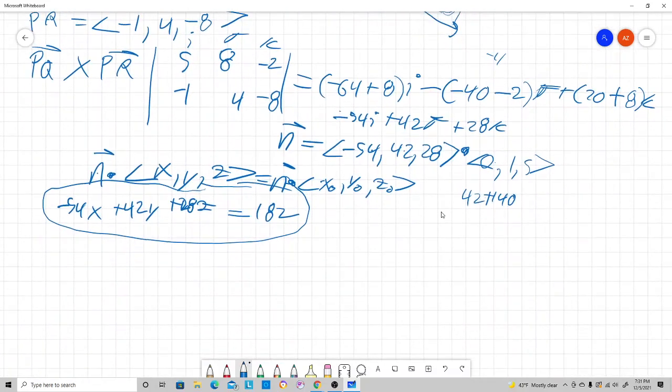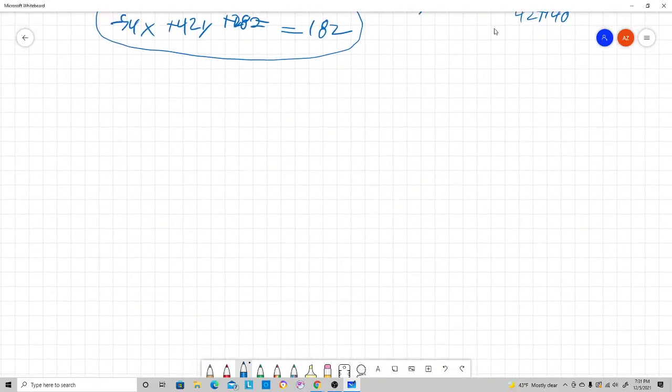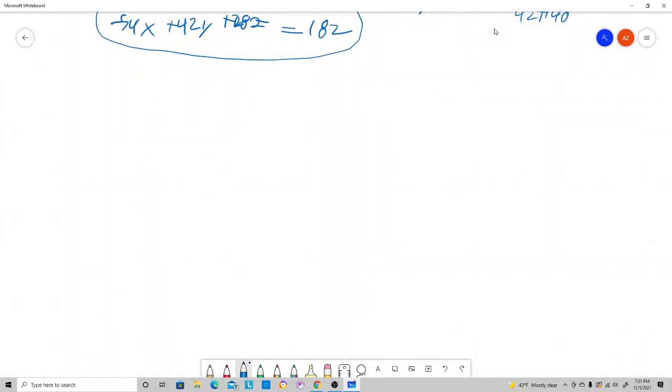Okay, so now that we have that, I want to talk about another thing about planes. So what happens if two planes are in the XYZ axis, and then what happens if they intersect, right?